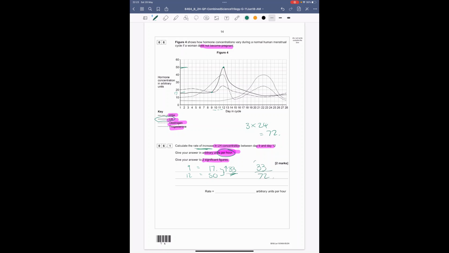So we can then do 33 divided by 72, which gives us an answer of 0.45833. So it is going up by 0.45833 per hour across those 3 days on average, but it's asking for 2 significant figures, so I can draw my line there, and it's an 8 being the number after, so I round up to 0.46 arbitrary units.